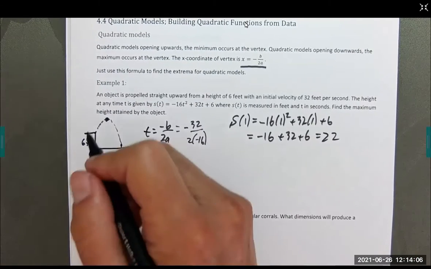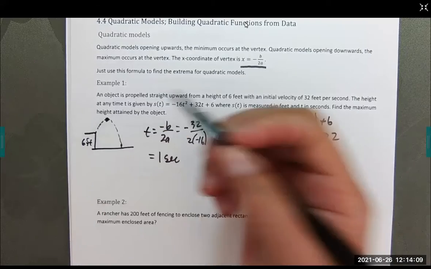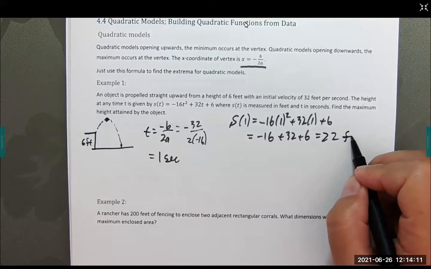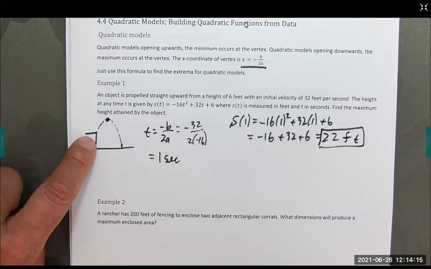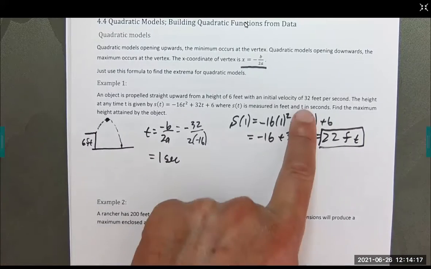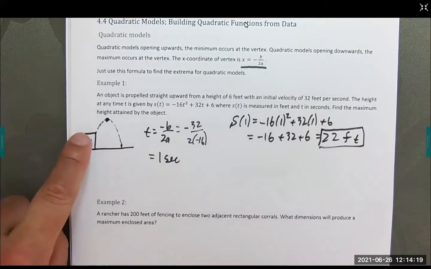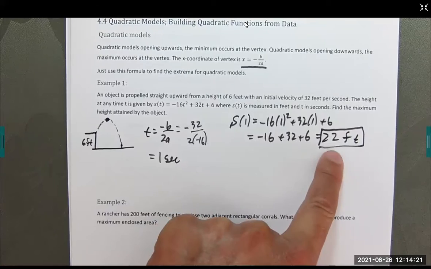So at this maximum height here, after 1 second, the object is 22 feet in the air, which makes sense. We started at 6 feet, threw it up pretty hard, pretty fast, 32 feet per second, and it maxed out at 22 feet.